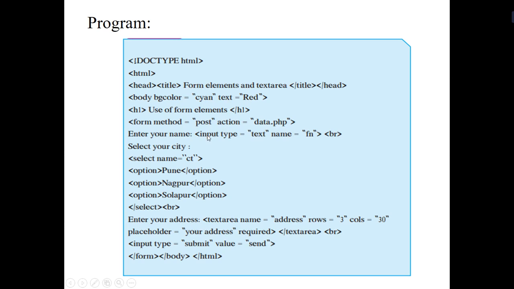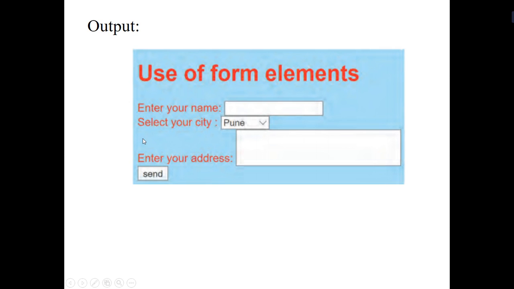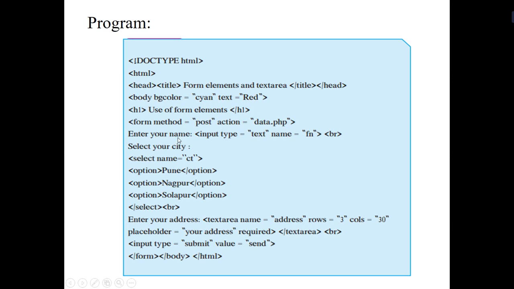Okay. After that now we have to create a text box. For creating a text box we use the syntax, see in the output, enter the name and a text box is created. So the syntax for creating this type of text box is enter your name, then your angular bracket, input type is equal to text, name is equal to FN.